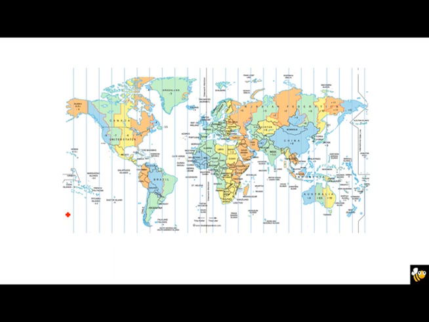The earth completes one rotation in 24 hours, covering 360 degrees, so in 1 hour it covers 15 degrees. And covering 1 degree takes 4 minutes. With these calculations you can work out whether a given place is ahead or behind Greenwich.